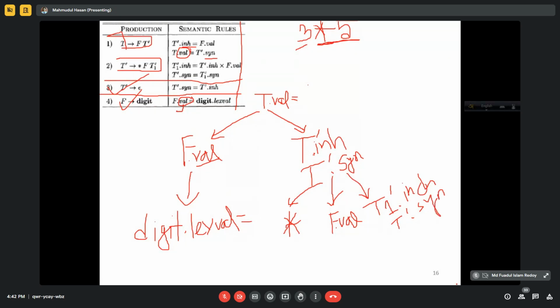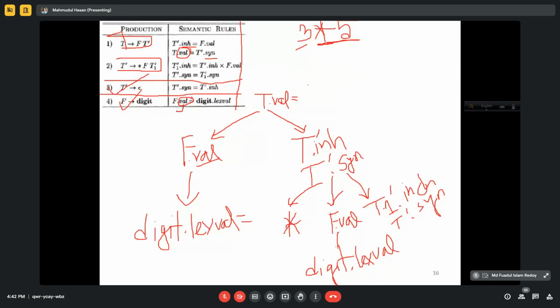Everyone got it? Now which one do we need to change? F to digit, and the attribute is lexval. So you got digit into digit.